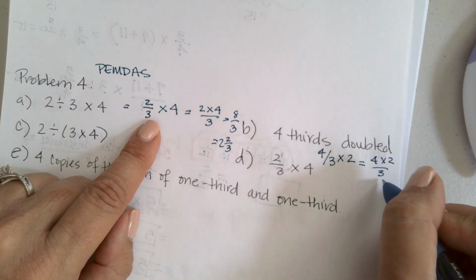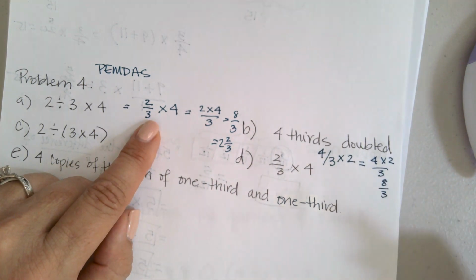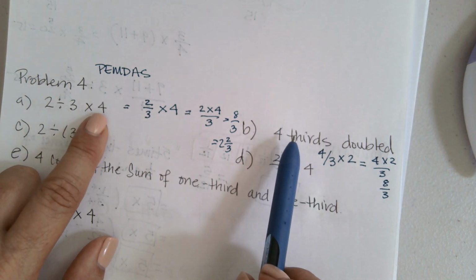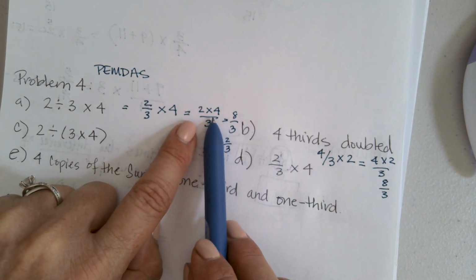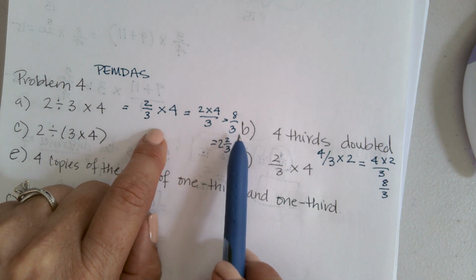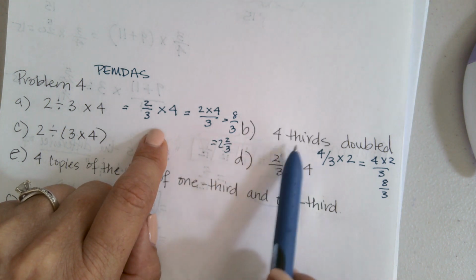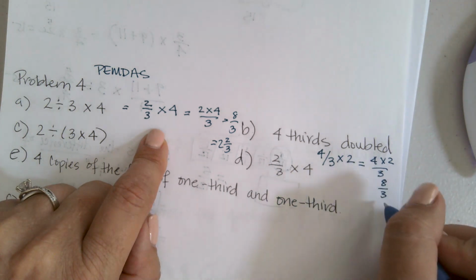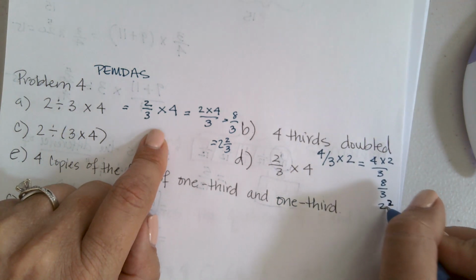Look at that. It gives you 8/3 again. This is interesting. This is written as 2 divided by 3 times 4, and it ends up looking like this. 4/3 doubled, 4/3 times 2, is equal to 2 2/3 as well.